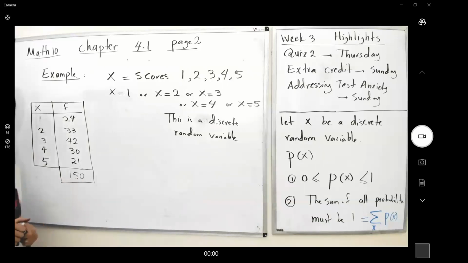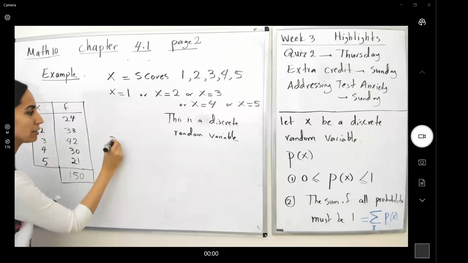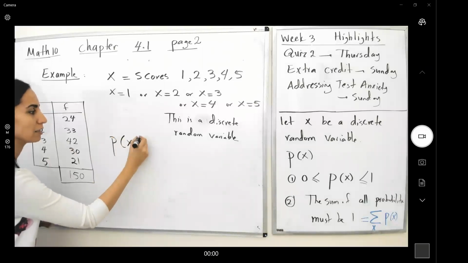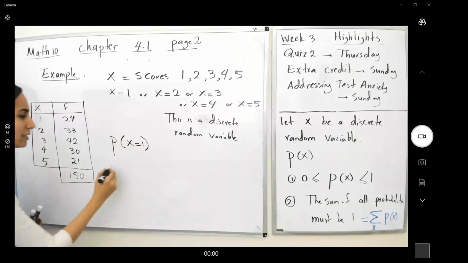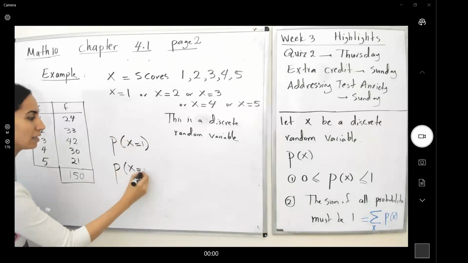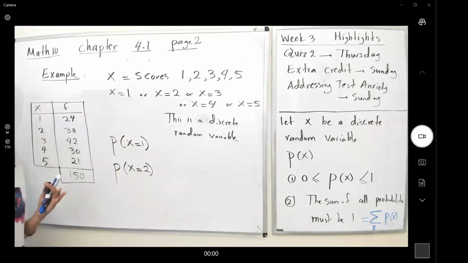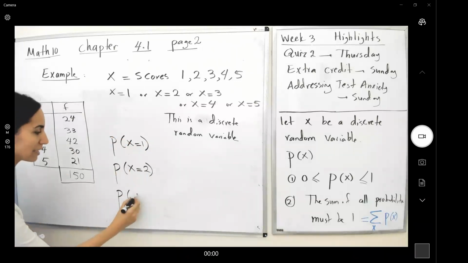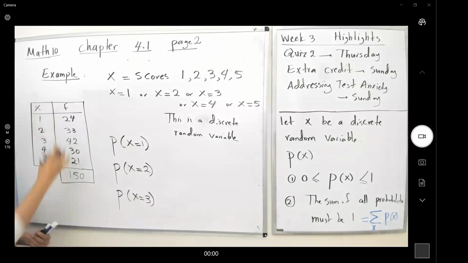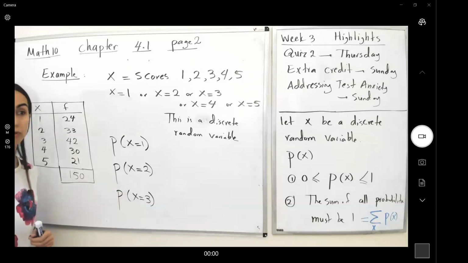Okay, now answer this. What is the probability that you randomly select a person and that person got score 1? So what's the probability that X is equal to 1? What is the probability that X is equal to 2? What is the probability that X is equal to 3? You randomly select a person. What is the probability that the score of that person is equal to 3?